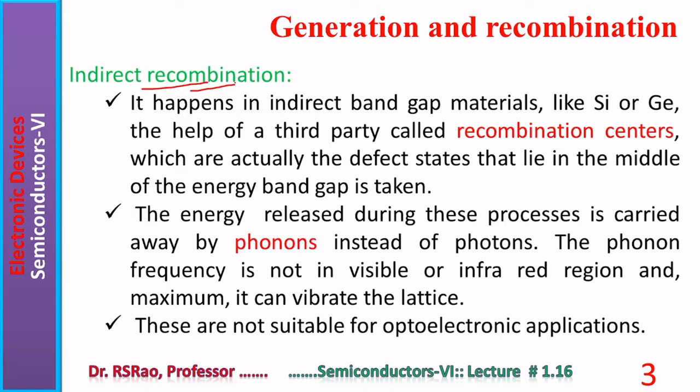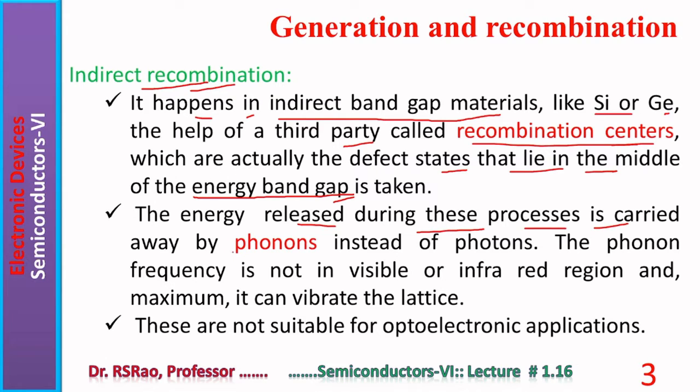Indirect recombination. It happens in indirect band gap materials like silicon and germanium, with the help of a third party called recombination centers, which are actually defect states that lie in the middle of energy band gap. Energy released during these processes is carried away by phonons.